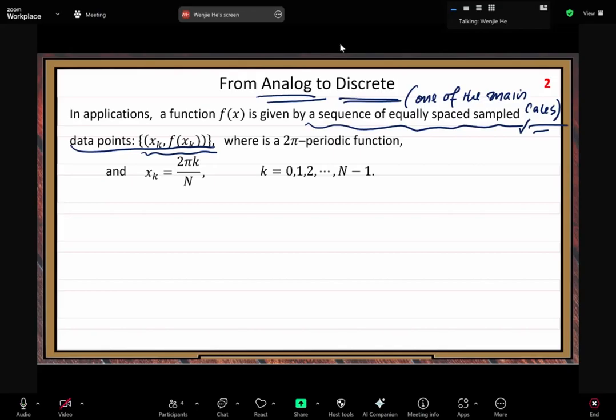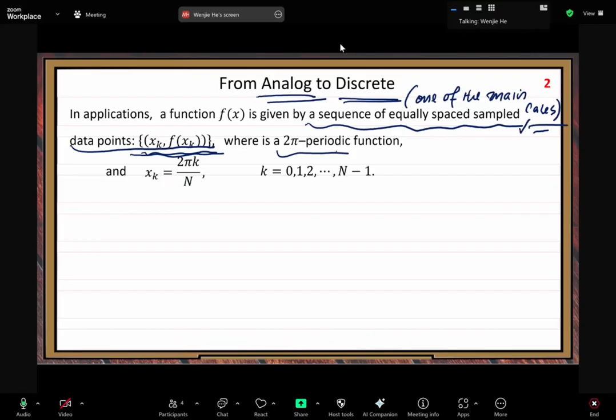You will not be given a nice function or formula. You get a sequence of data points and you need to do processing. And we assume 2 pi periodic as our base case.